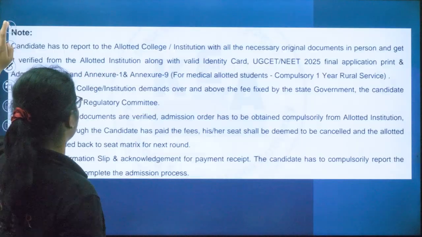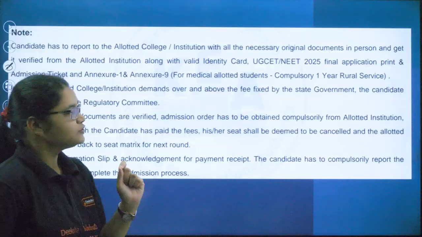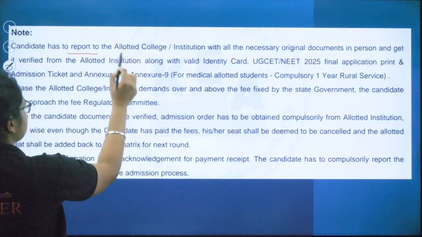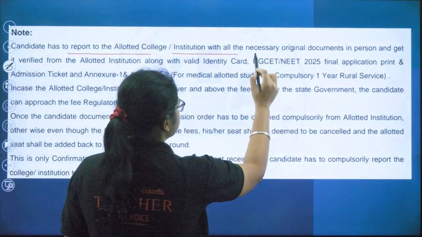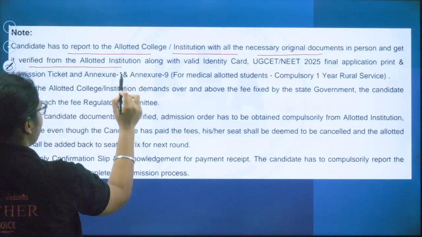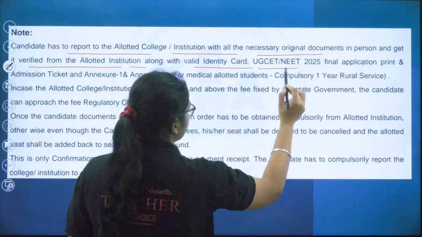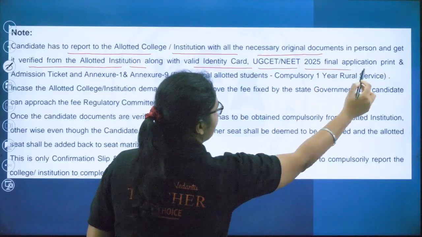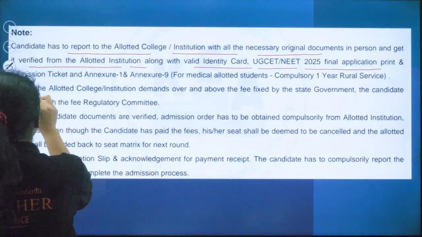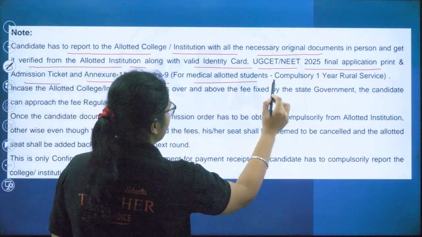Next, if you scroll down this confirmation slip, there is some important information as well. The candidate has to report to the allotted college or institution with all the necessary original documents in person and get it verified from the allotted institution along with valid identity card, UGCT, UGNEET 2025 final application print, admission ticket, and Annexure 1 and Annexure 9 for medical allotted students.